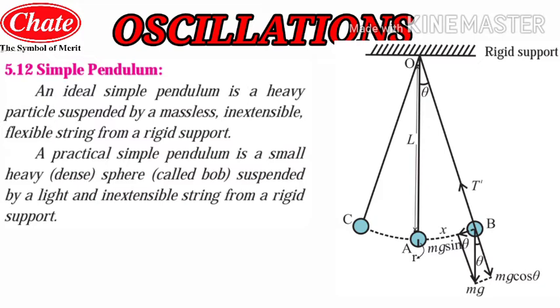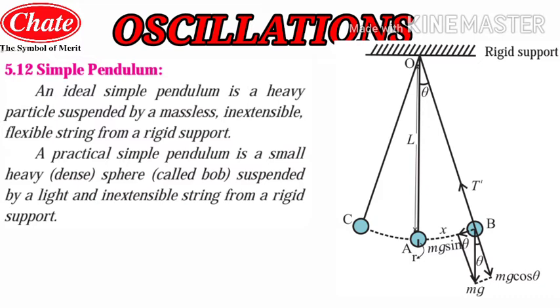Now in the displaced position, two forces are acting on the bob. The first force is T dash, due to the tension in the string, directed along the string toward the fixed support. The second force is the weight mg, directed downward.